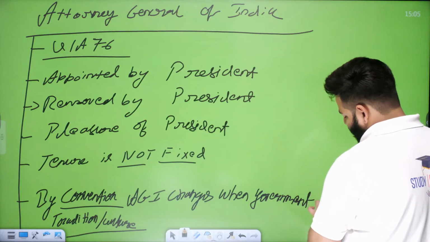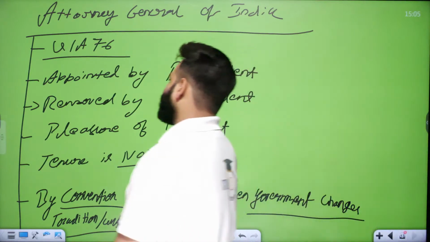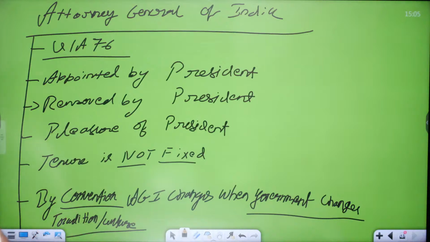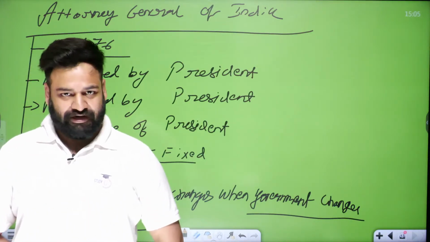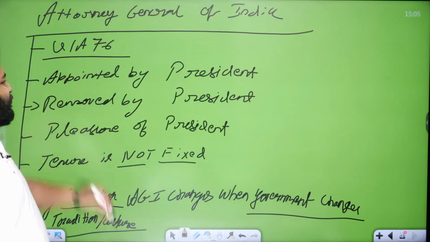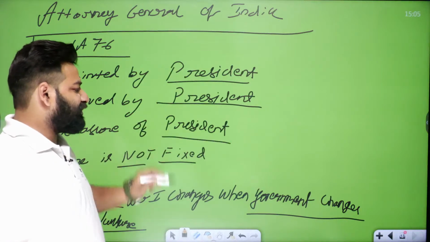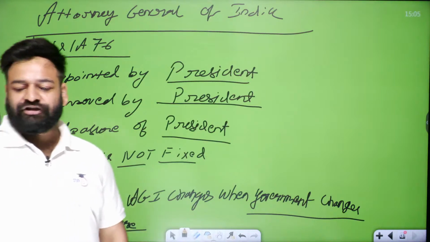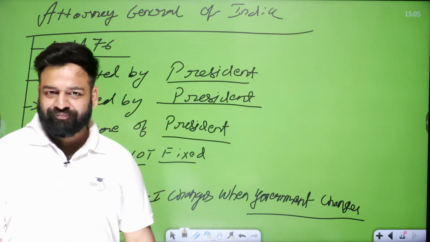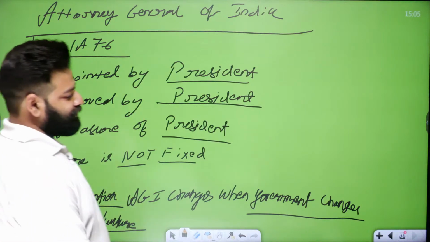This is by convention, not by rule, a practice that we have been following. So, Attorney General of India: Article 76, appointed by the President, removed by the President, works under the pleasure of the President. The tenure is not fixed. By convention, the Attorney General is removed when the government changes, and the new government comes in and brings its new Attorney General.